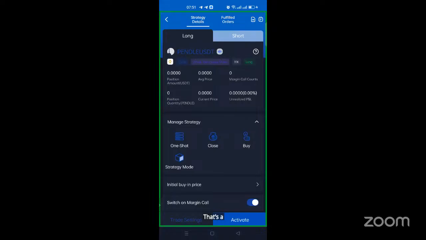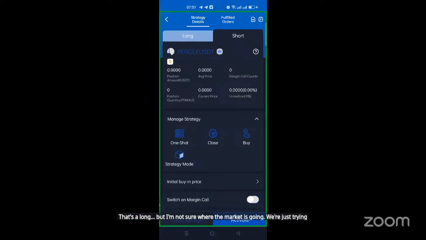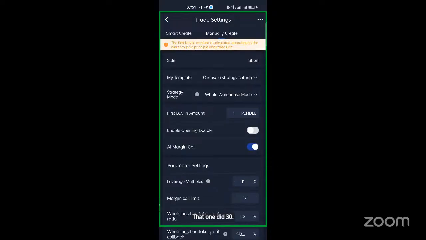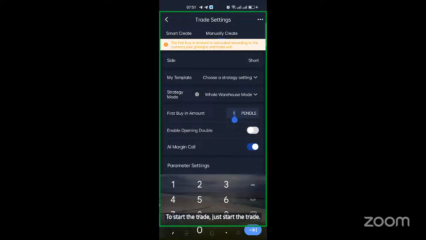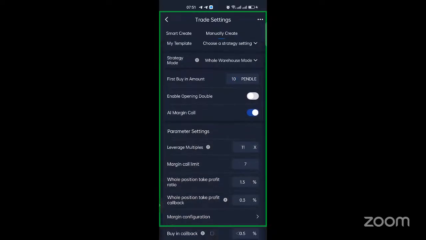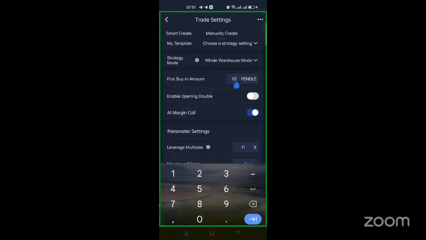But I'm not sure where the market is going. We're just trying out something there. Tap on trade setting. Start the trade. Just put 5, start the trade.